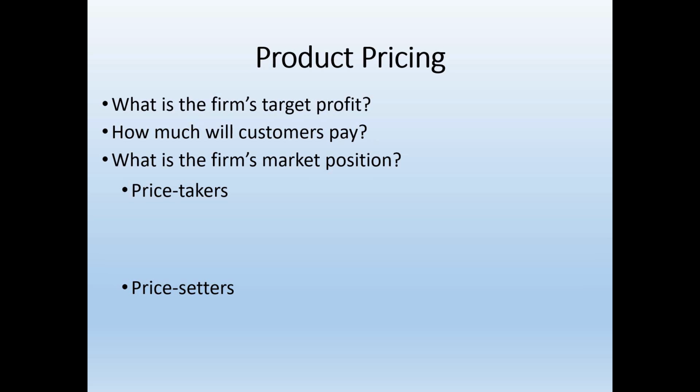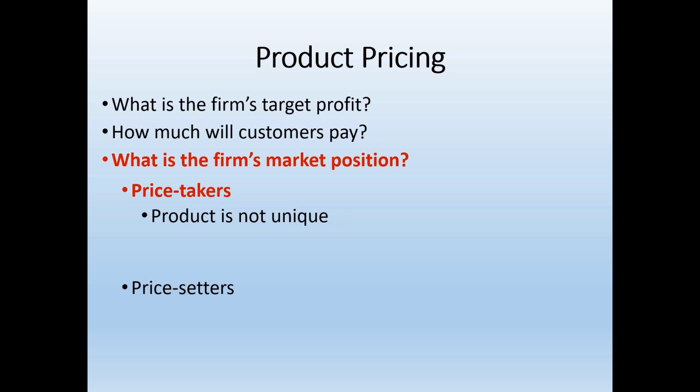When a firm is trying to decide the right selling price for its product, it needs to consider three factors: how much target profit it would like to make on each unit, how much customers might be willing to pay for each unit, and the firm's market position.